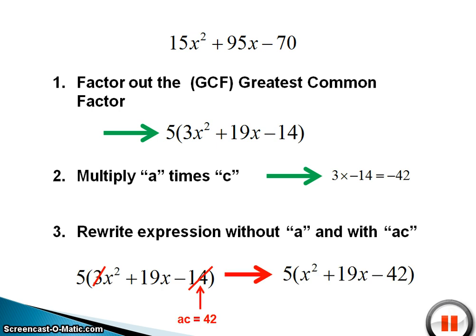Now let me show you exactly what I mean here. This is just a temporary form of our quadratic expression. We're going to eliminate the 3 and we're going to replace c with a times c, as we did here in this expression. Now, stop now and copy down everything on this slide, taking care that you get the example.